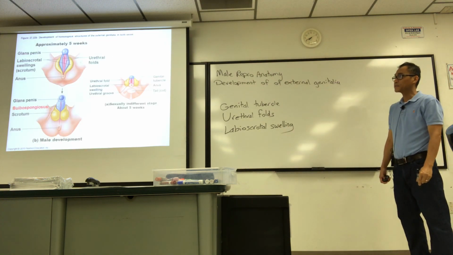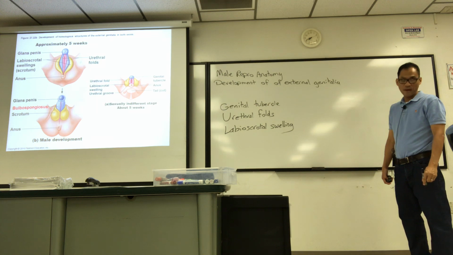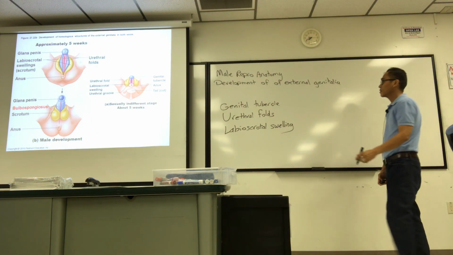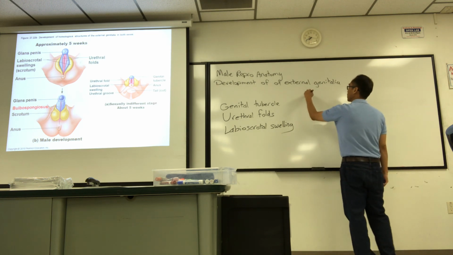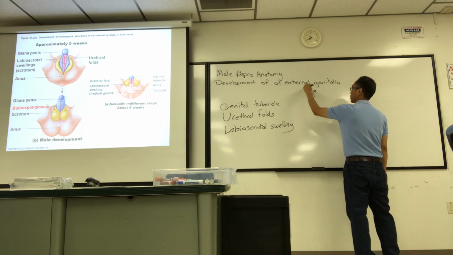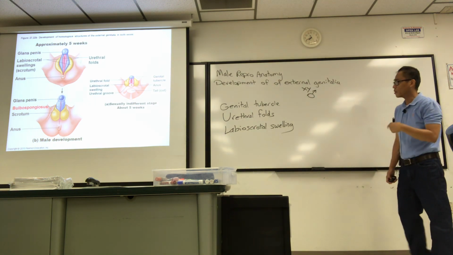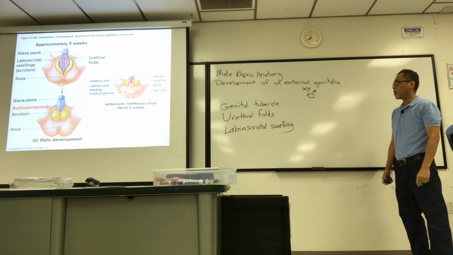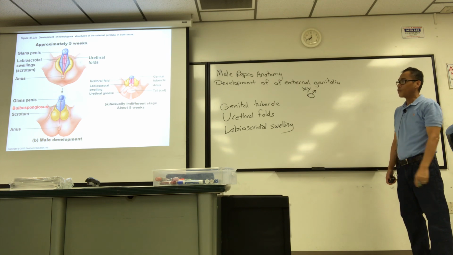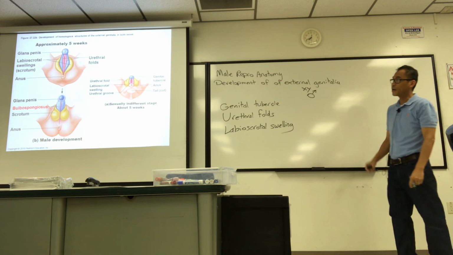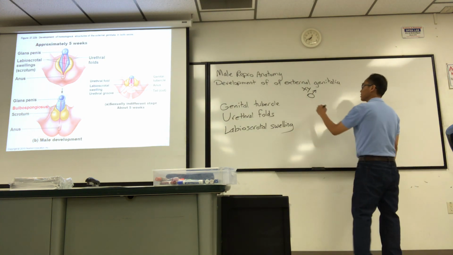Talks about 5 weeks. If it's the male pathway, if they have the XY chromosome inheritance, so males are XY, meaning you inherited the Y chromosome from dad and X from mom. That pathway shows that the genital tubercle becomes the glans penis.